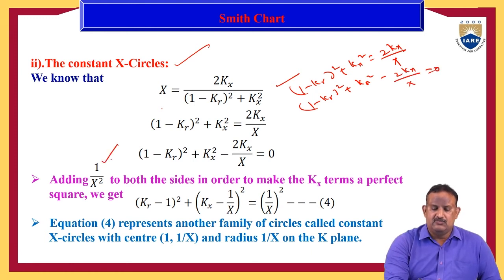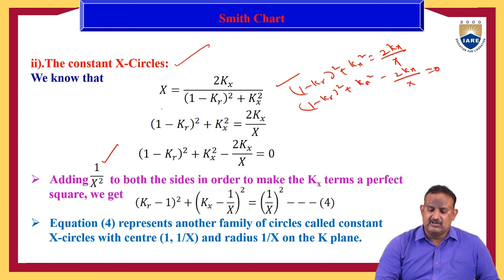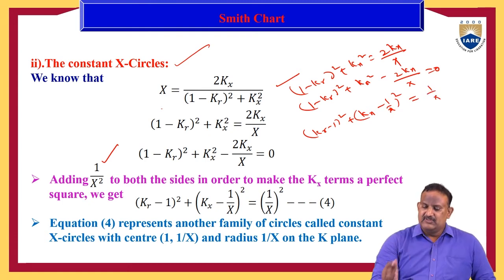If we add 1 by x square on both sides, then the equation becomes a perfect square. Then we have (kr minus 1) whole square plus (kx minus 1 by x) whole square is equal to 1 by x square.